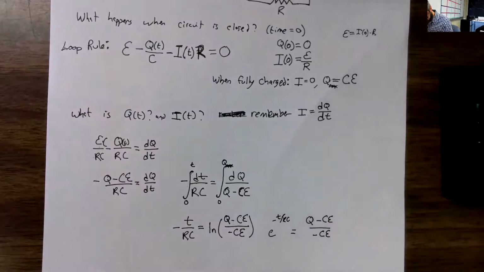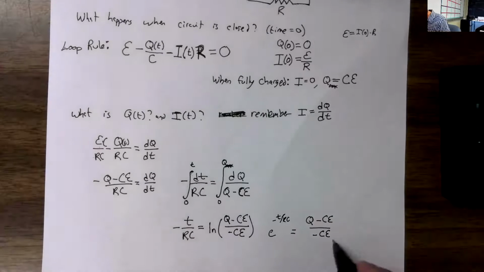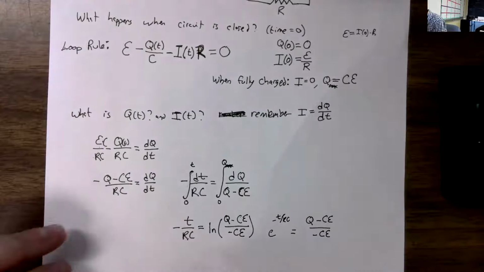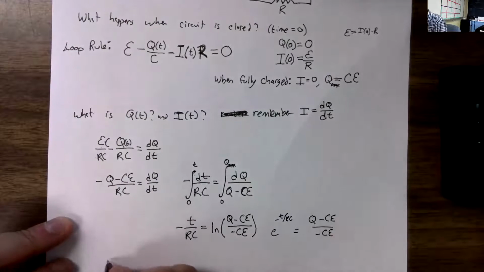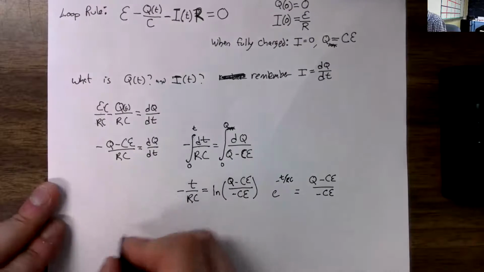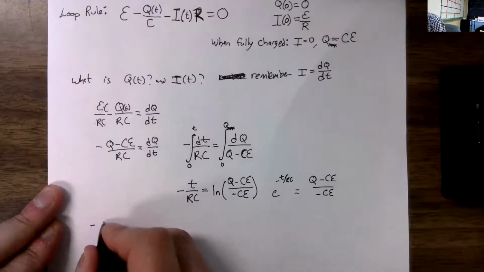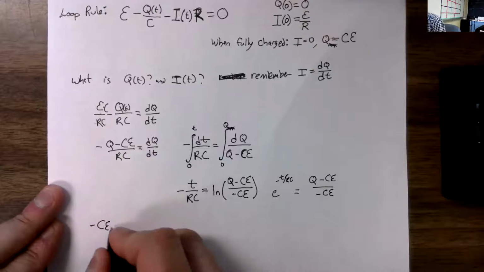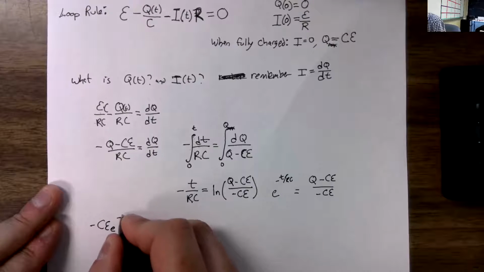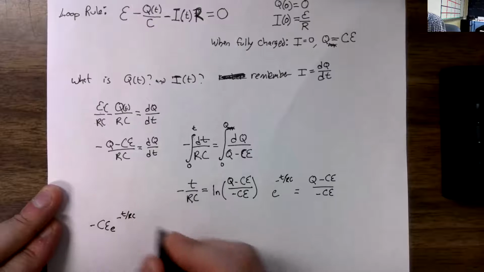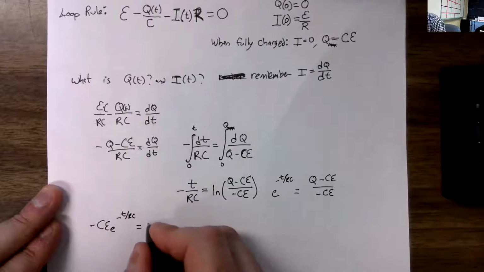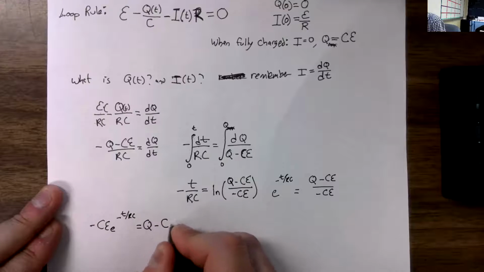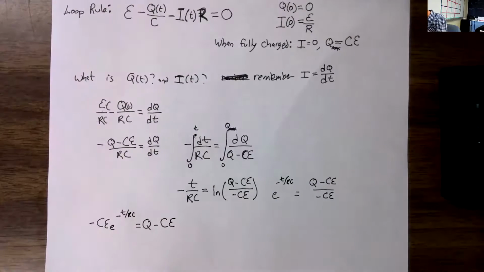All right, and then if I want to get Q by itself, I'll multiply both sides by minus CE. So I get minus capacitance times EMF times e to the minus t over RC equals Q minus capacitance times EMF.